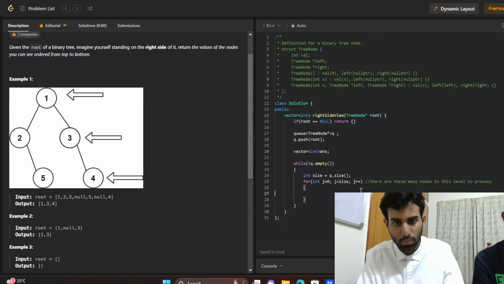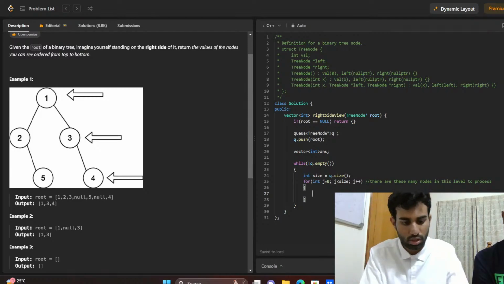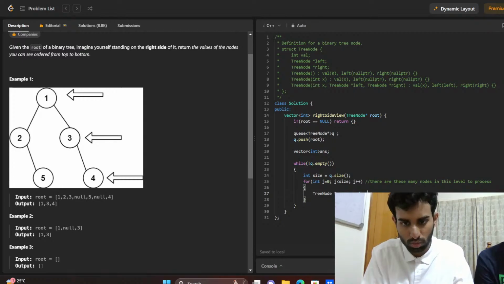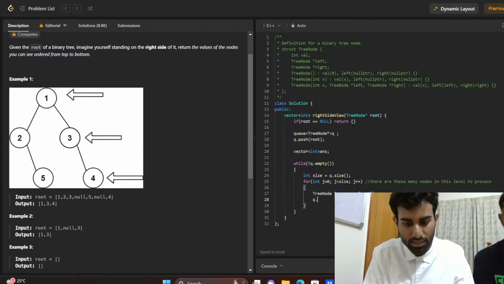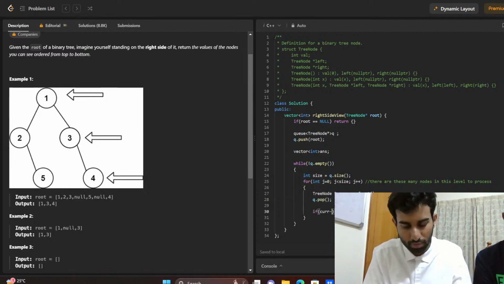I basically need to process these many nodes in the current level. Initially, I only have one element, which is the root that I pushed. So that's how I start. This is the current node that is on the front of my queue. Now I pop this and then I check: does the current node that I'm popping from my queue have a left node? If it has a left node, I will push that into my queue.